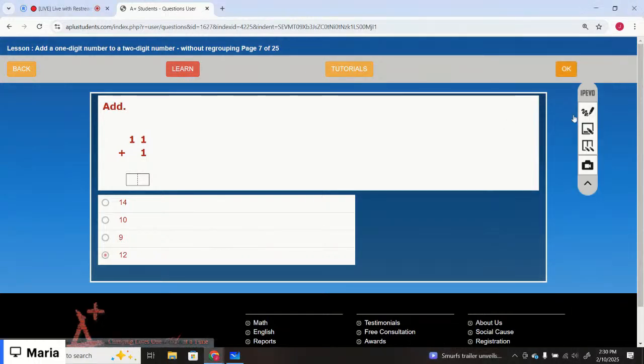Option number 4 is the correct option. 12 plus 5, which is the correct option? 17, it is option number 4 is the correct option.